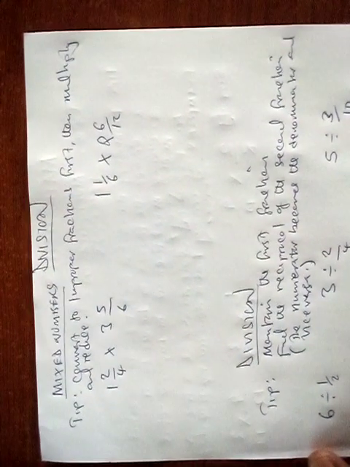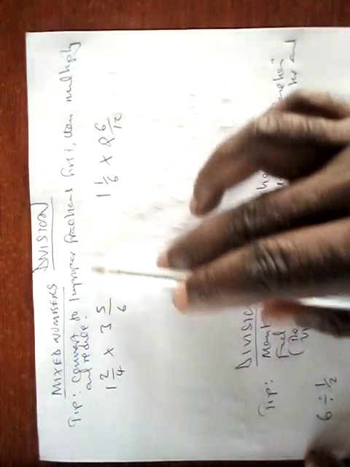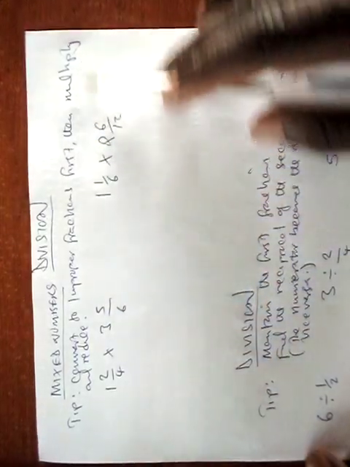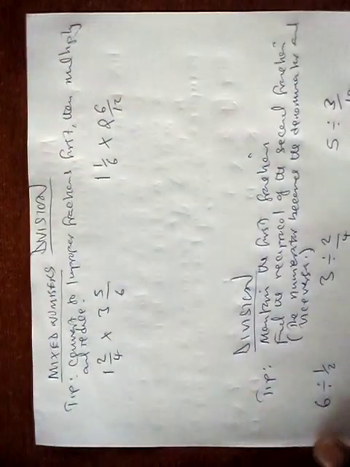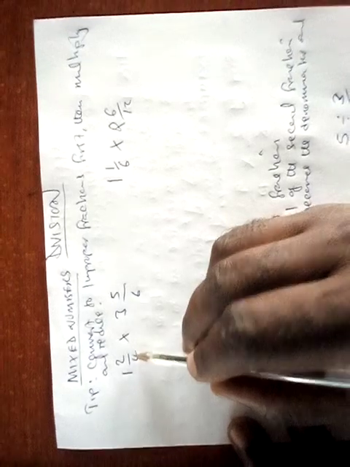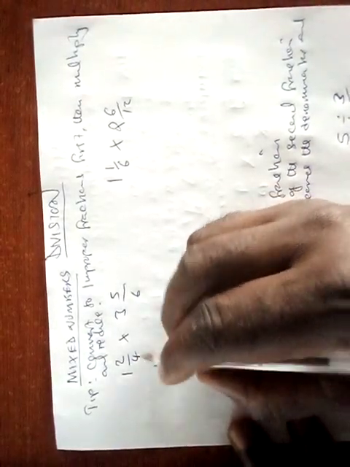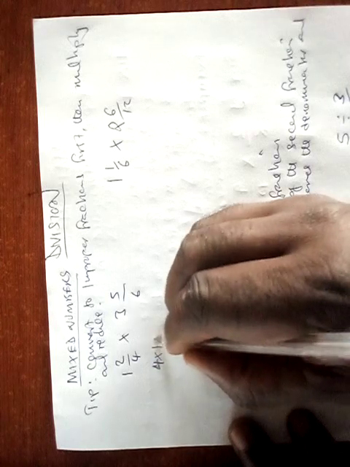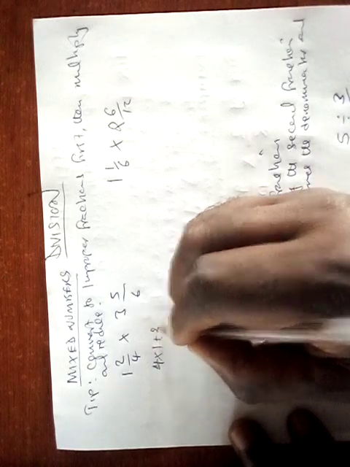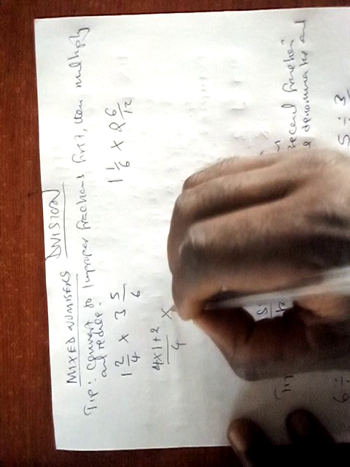So we look at division. Division, the tip: convert improper fractions first, then multiply and reduce. So here, division and multiplication of mixed numbers. In this case you convert using the same rule I taught you. So 4 times 1 plus the numerator 2 over 4, times 6 times 3 plus 5 over 6.